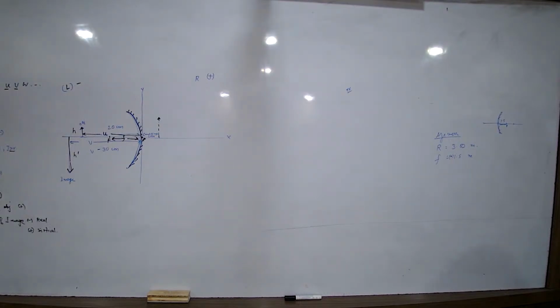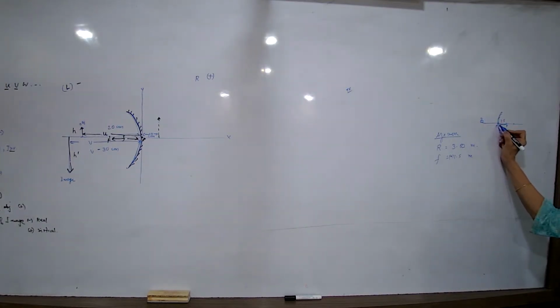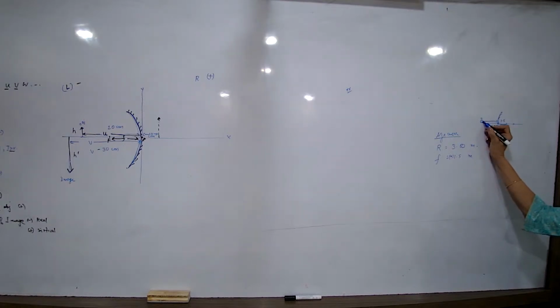Okay. If a bus is located at 5 meters, where will the bus come? Behind or will it come in front? So your bus is somewhere here. Okay? This is your object. So the distance from the bus, that is your object, to your pole, how much have they given?